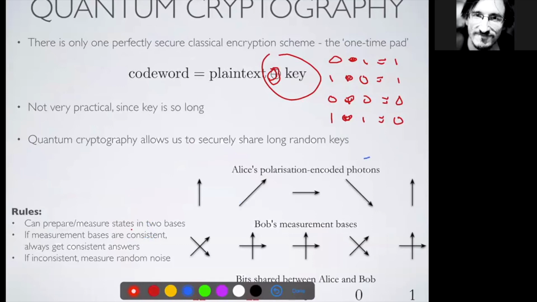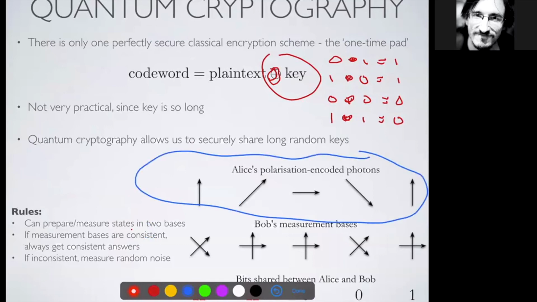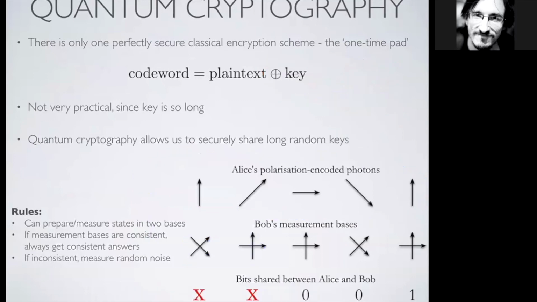So I end up with this long string of Alice sending random polarized photons to Bob, and then Bob is randomly measuring them in these different bases. And the point is that when Bob's measurement basis corresponds to Alice's encoding basis, then they're guaranteed to have consistent bits. And if they choose different bases, then they're guaranteed to have completely randomized rubbish.